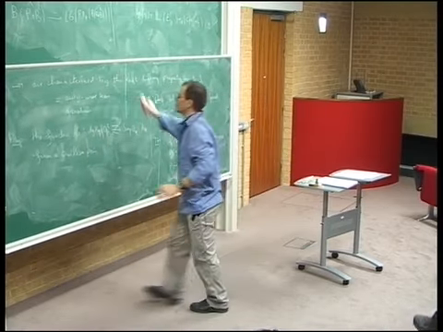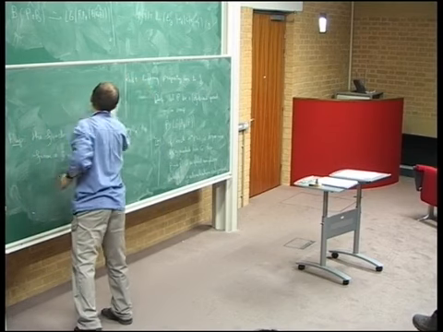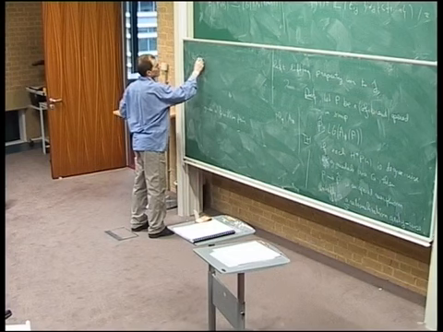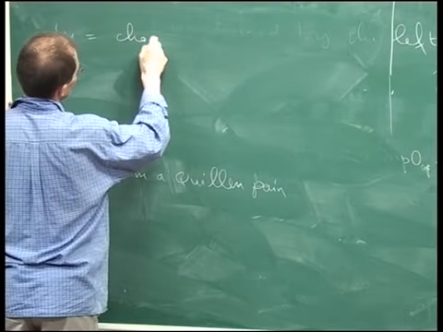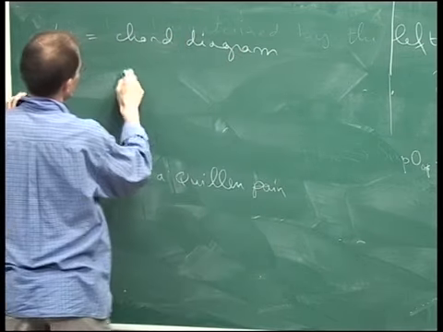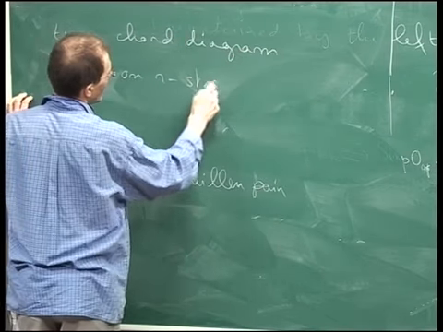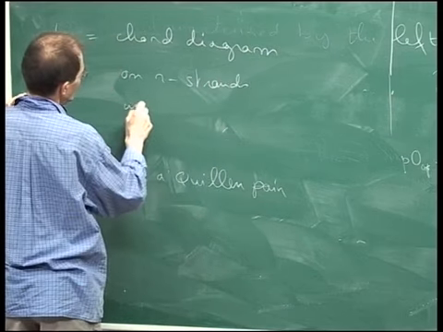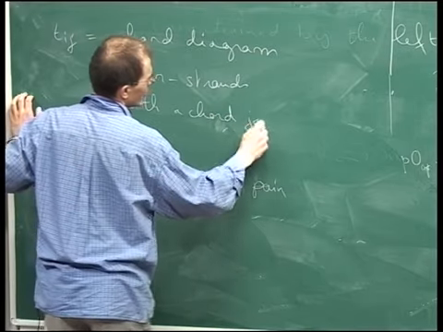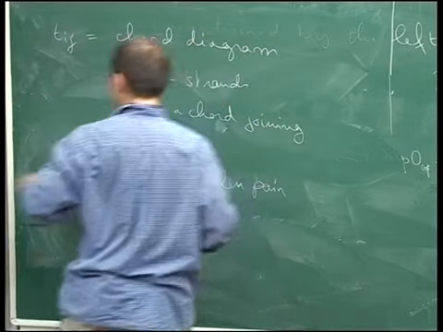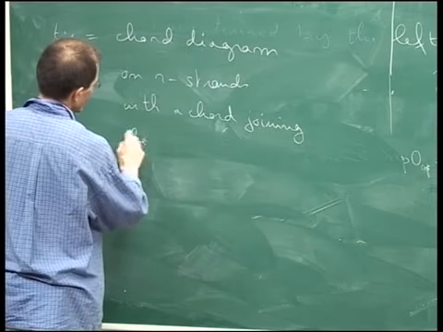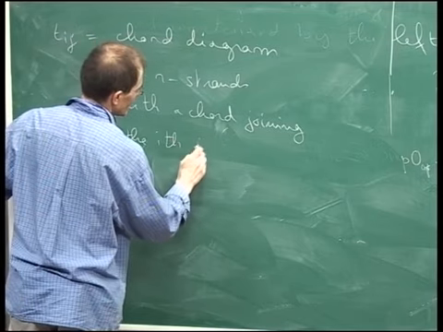In the literature about Vassiliev invariants, Tij is represented by a chord diagram on R strands, the chord joining the ith and the jth strand.